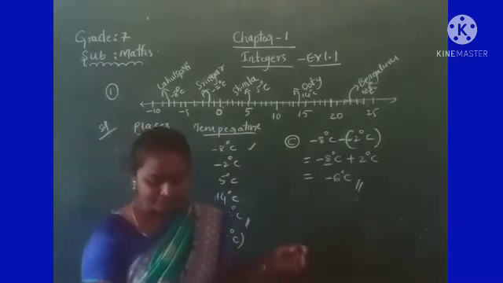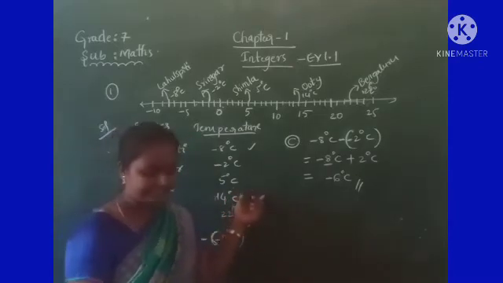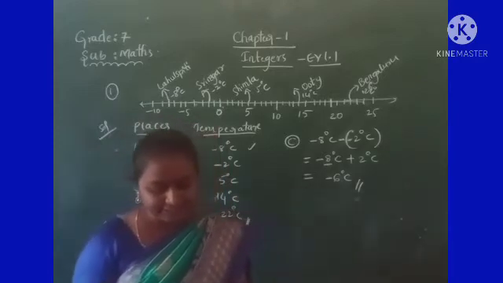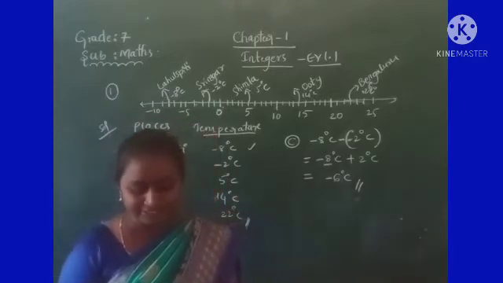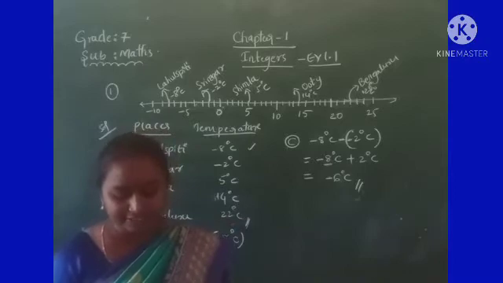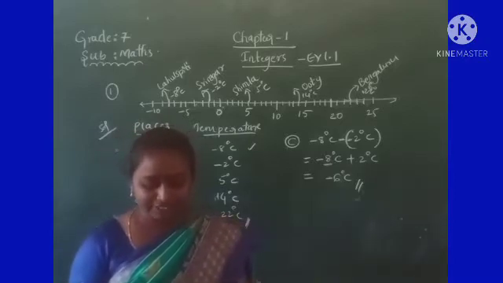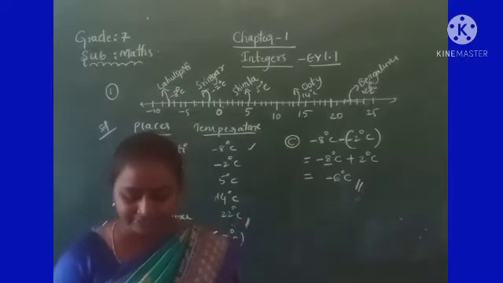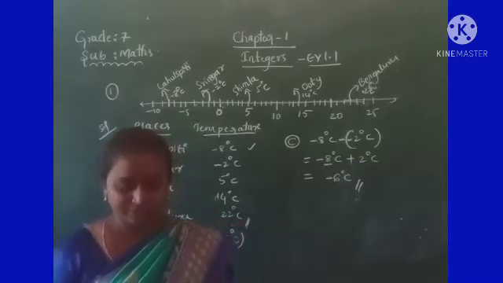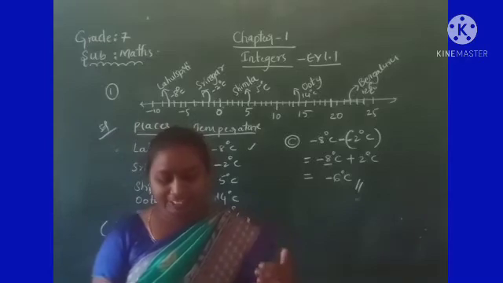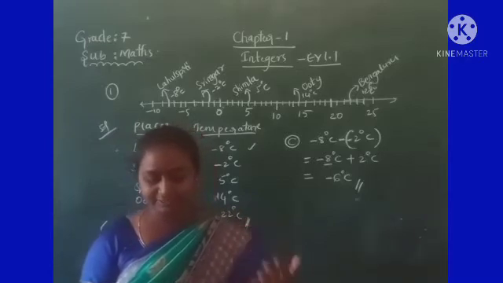Right. Okay. And last, in the first question, part D: can we say the temperature of Srinagar and Shimla taken together is less than the temperature at Shimla? Is it also less than the temperature at Srinagar? So here it is asking the temperature of Srinagar and Shimla taken together.